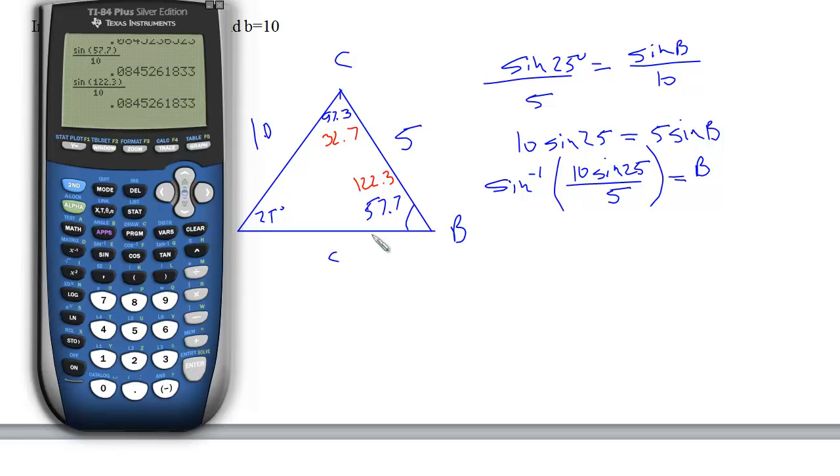And you see that's the same. That's why this is the ambiguous case here, and there are two potential solutions. So it doesn't matter which of these it is, this ratio is still proportional to this ratio.